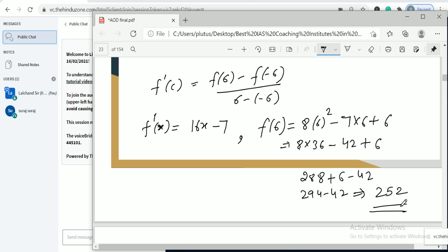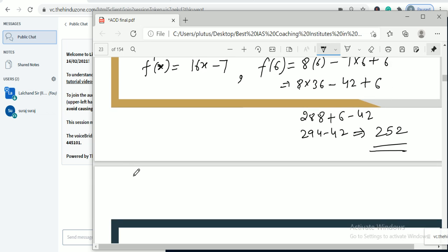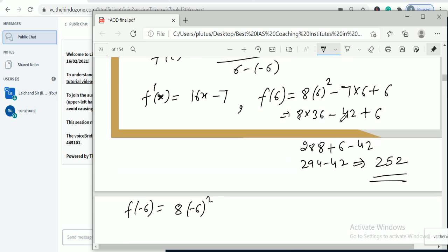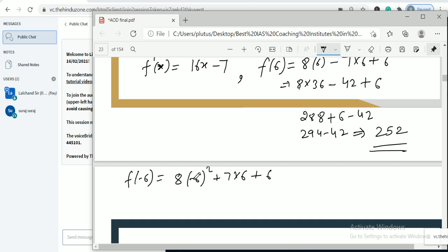Check it out fast. And what is the value of f of minus 6? The value of f of minus 6 will be 8 times minus 6 squared, and this term will be plus now, 7 into 6 plus 6. So this is the same. This will be 288 plus this will be 48.